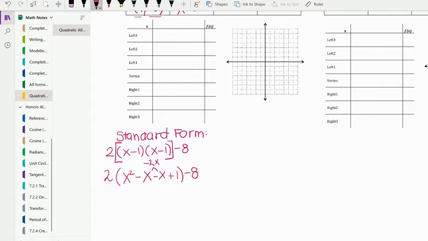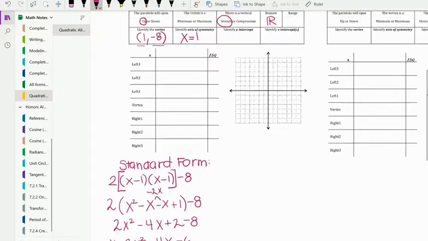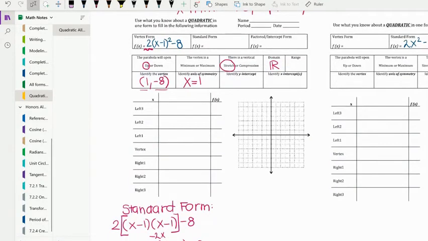So when I distribute the 2, I get 2x squared minus 4x plus 2 minus 8. So my final answer will be y equals 2x squared minus 4x, and then you have 2 minus 8, which would be -6. So I'm going to go ahead and write that up here. So that is going to be my standard form. So 2x squared minus 4x minus 6.